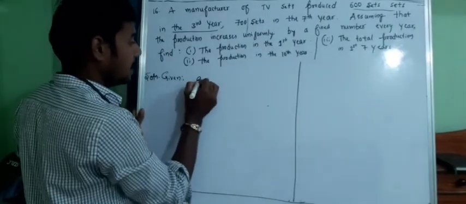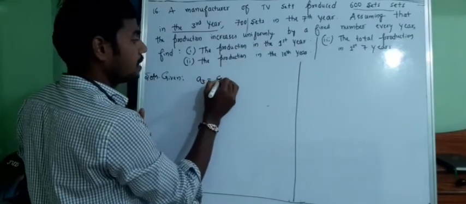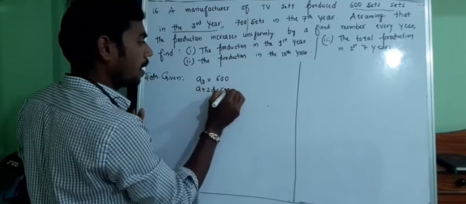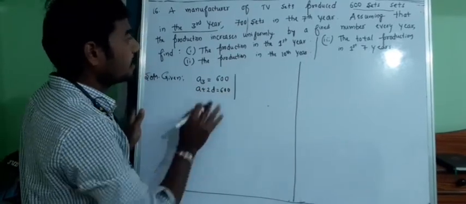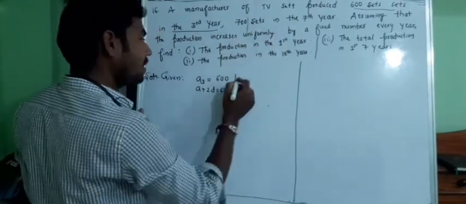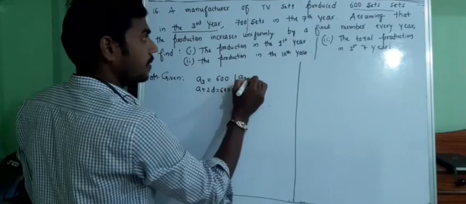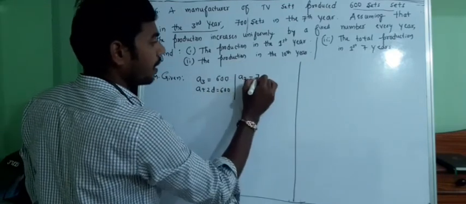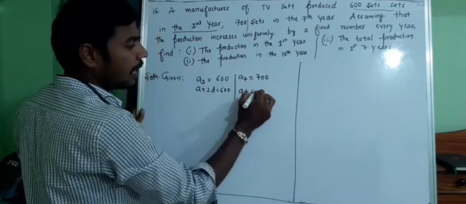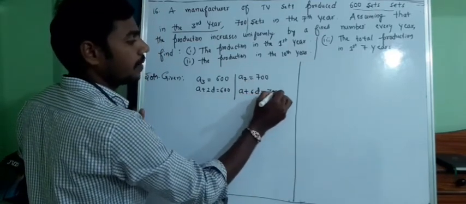So, A3 is equal to 600. That is A plus 2D is equal to 600. Next, what is given? Next, 700 sets in the 7th year means A7. A7 is equal to 700. Or else we can write it as A plus 6D. A7 can be written as A plus 6D is equal to 700.